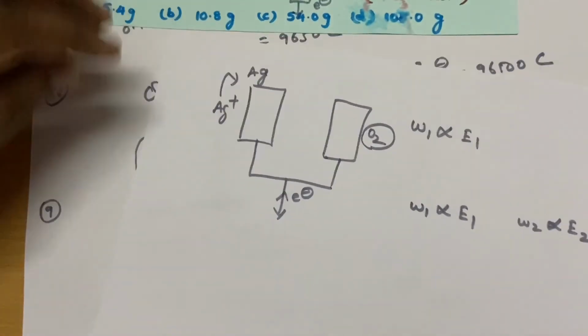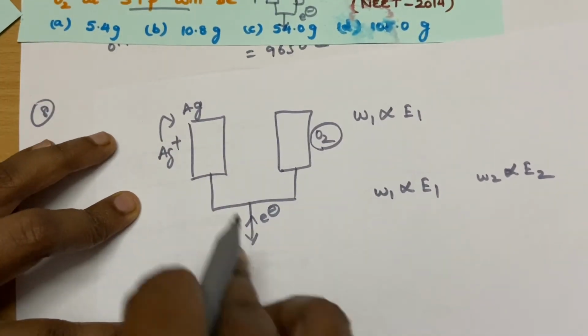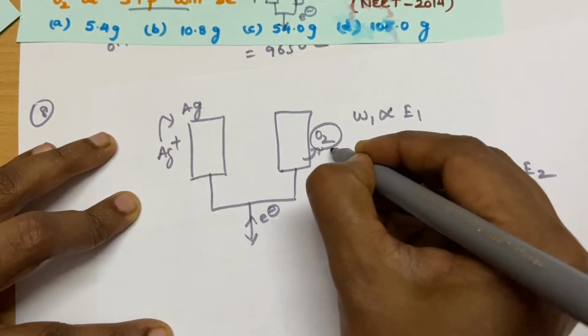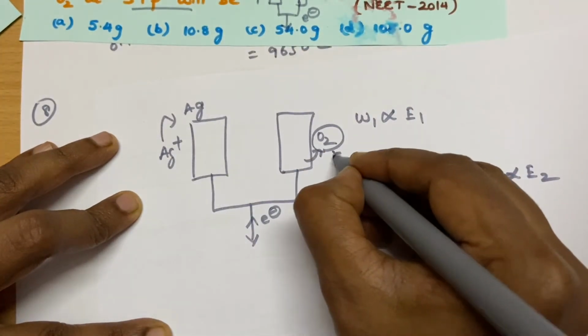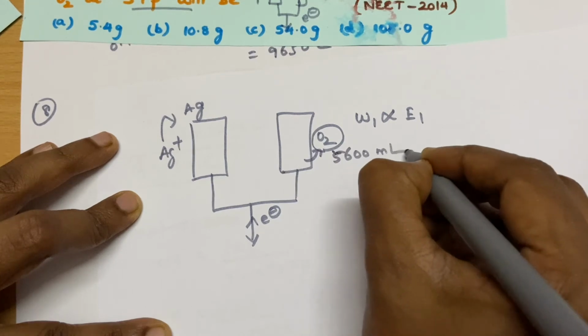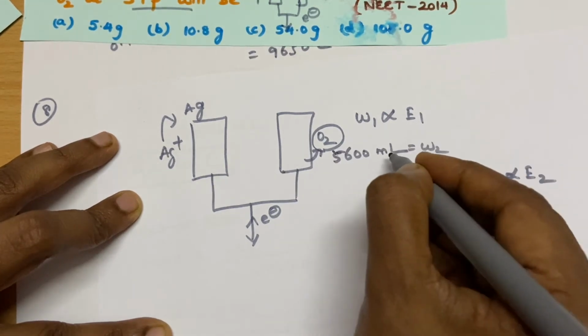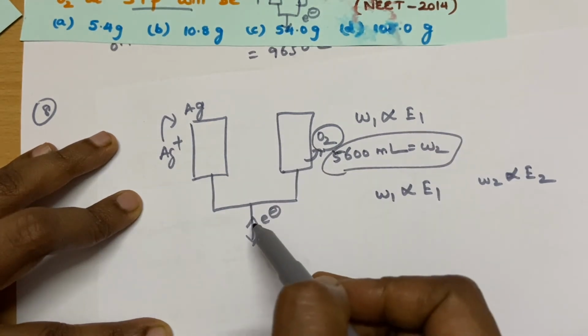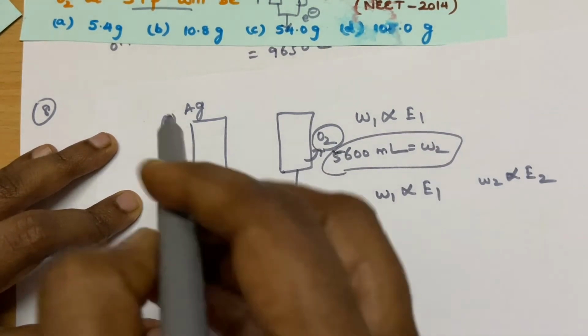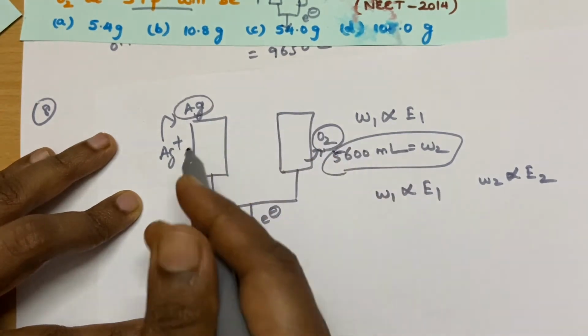In this case, we are passing the same amount of current. The amount of oxygen displaced is given as 5600 ml, so the weight has been given in volume and we have to convert that into weight. By the same amount of current, what will be the weight of silver deposited, they are asking.